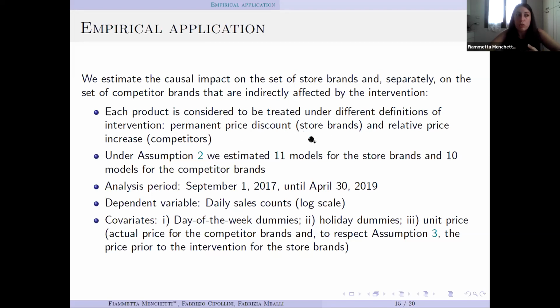So they are indeed subject to an intervention. That's why we could assume absence of interference, because everyone is treated, even though under different treatment definitions.